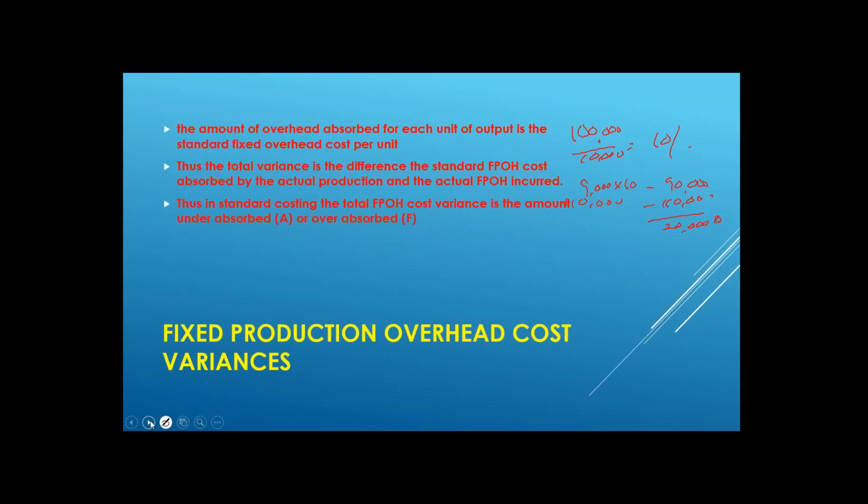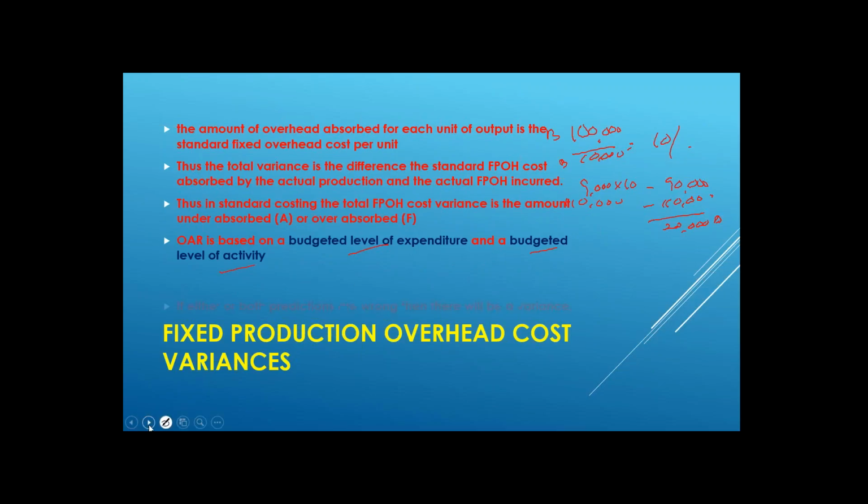Then after that, we can further summarize. If it is an under-absorption, as in this case, it's an adverse variance. If it's an over-absorption, it's a favorable variance. So that's how we calculate the fixed production overhead variance. The overhead absorption rate is always based on the budgeted level of expenditure and the budgeted level of activity. 100,000 is the budget, 10,000 is the budgeted output.